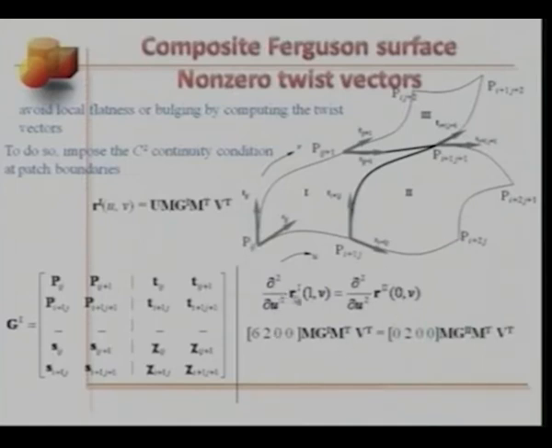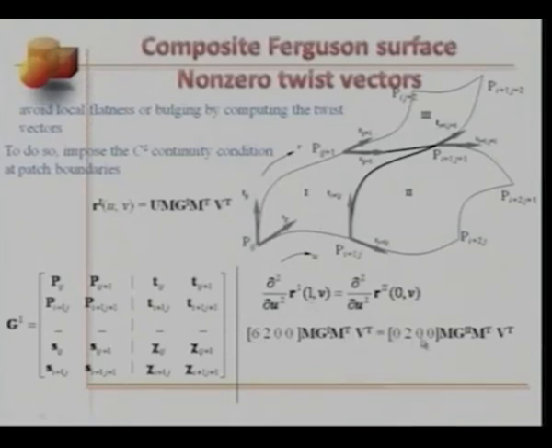Second derivative of r with respect to u. This would involve differentiating this row vector twice. We'll get 6, 2, 0, 0 times M G super 1 M transpose V transpose, and of course this is evaluated at u equals 1.